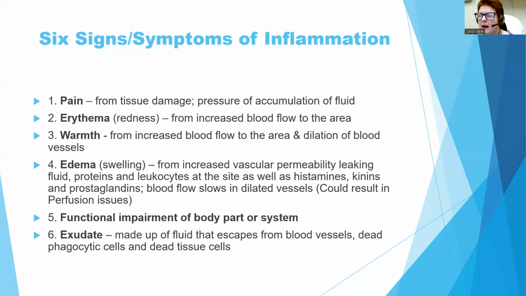Also, functional impairment of the body part or system. Okay, so in order to know what the functional impairment is for that organ or body system, you have to know what the functions are to begin with. And that's part of A&P2, and that's what raises its ugly head in level 2, because we will be going over some of the anatomy and physiology here so that you understand what's going on with the patient.